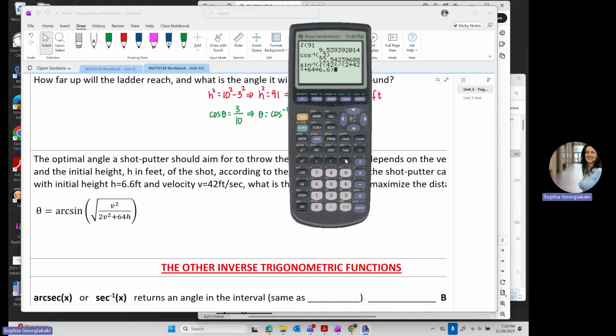I'm going to close the denominator, I'm going to close the parenthesis of the square root, and I'm going to close the parenthesis of the inverse sine. And the answer is approximately 41.93 degrees.